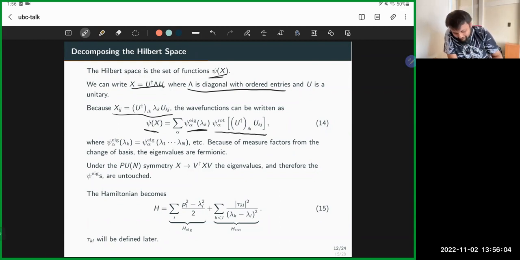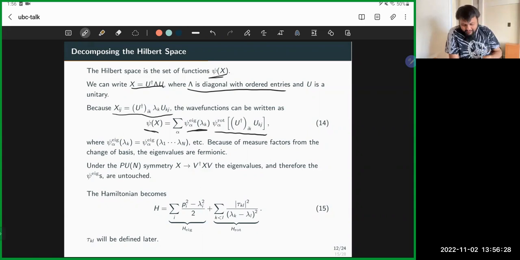The unitary has to come in this combination, because this combination is what turns up in X_ij, and the X_ij are the physical variables. So all functions of the unitary are actually functions of U dagger_ik U_kj for different i, k and j.